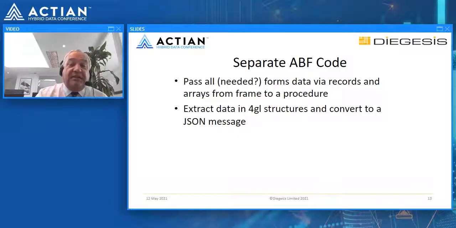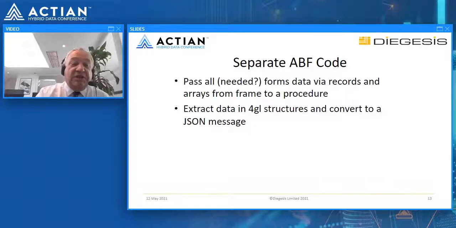And just to be clear, if we can move that into OpenROAD earlier rather than later, we can minimize the amount of code we've got to do in the ABF code, because we've got the call 4GL functions.